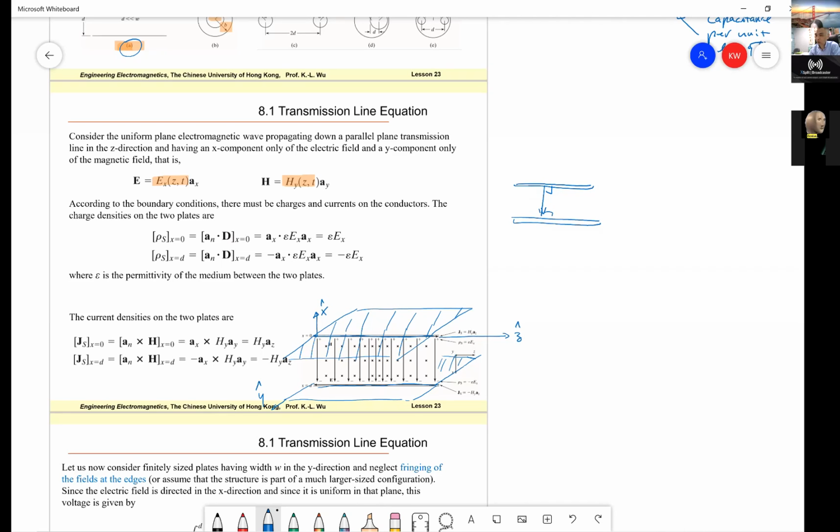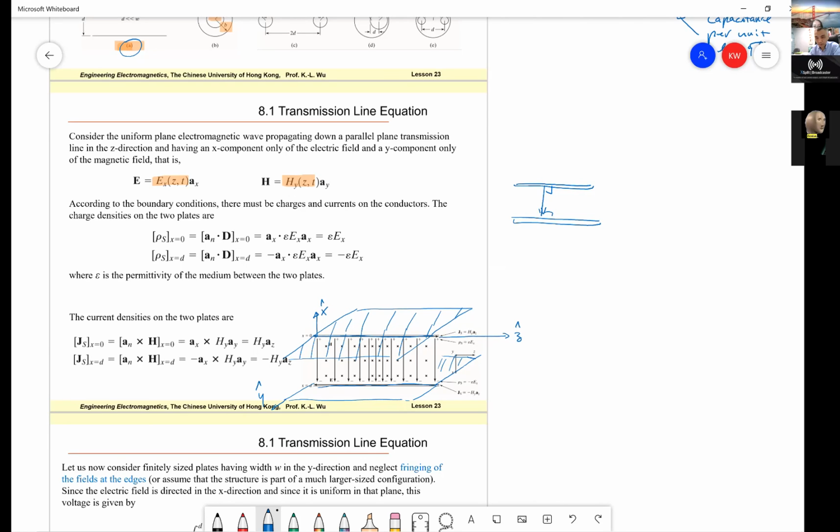That's why two parallel conducting plates can support a vertical electrical field. And similarly, if you have a vertical electrical field, you can support a tangential magnetic field, because the tangential magnetic field on the conducting plate is not equal to 0.